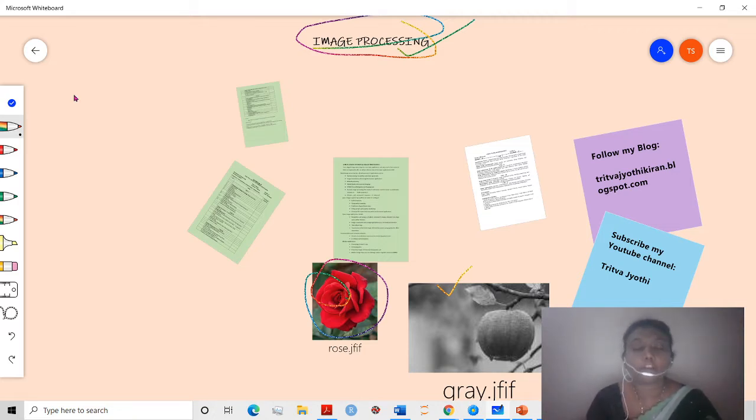It means we are processing the image, like this image. Suppose, for example, we use software to edit a picture. If our picture is blurred, we add some effects to sharpen that picture.